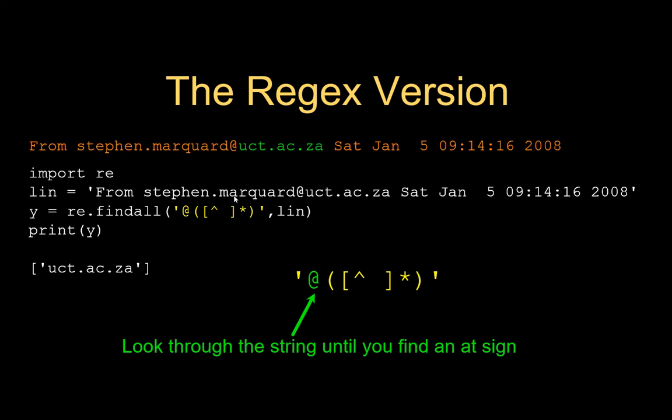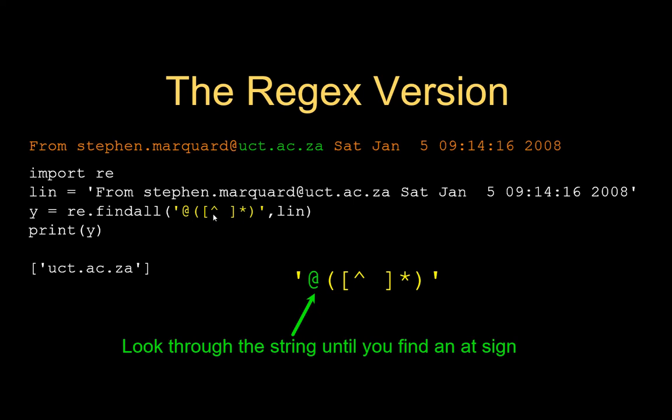We do a findall in lin, and this is what we are looking for. We are looking for something that starts with an @, but the @ is not the interesting character. The interesting character starts from the bracket. So whatever is in the bracket is our interesting character.